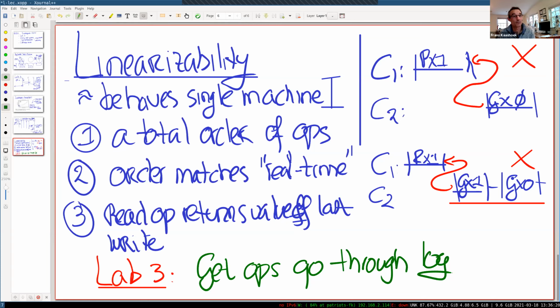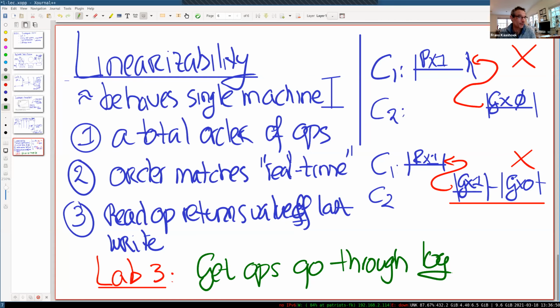Because the Raft protocol will guarantee that all the entries in the log are in a total order. Of course, the Raft protocol has to do quite a bit of work to make that happen, but despite network failures and network splits, the Raft protocol will guarantee that all the operations happen in a total order.